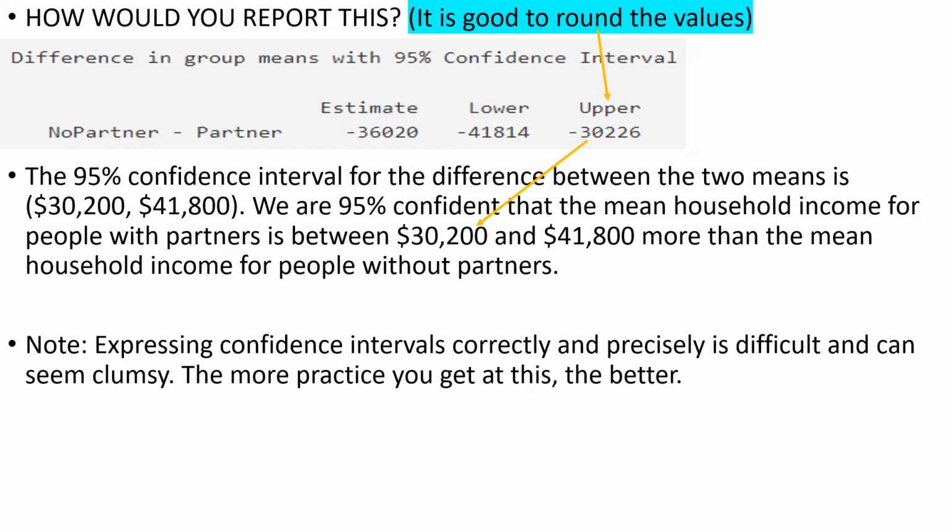So note, expressing confidence intervals correctly and precisely is very difficult. And maybe you feel clumsy or you feel, I can't do this. But remember, the more we do it, the better we get at it. So don't be discouraged. It takes a little bit of practice, just like accounting. The more you do it, the better you become at it.